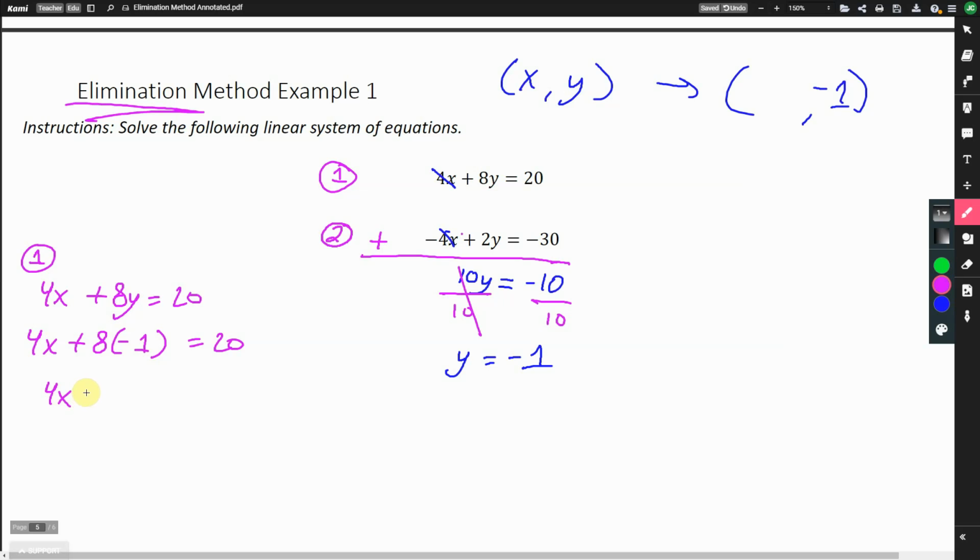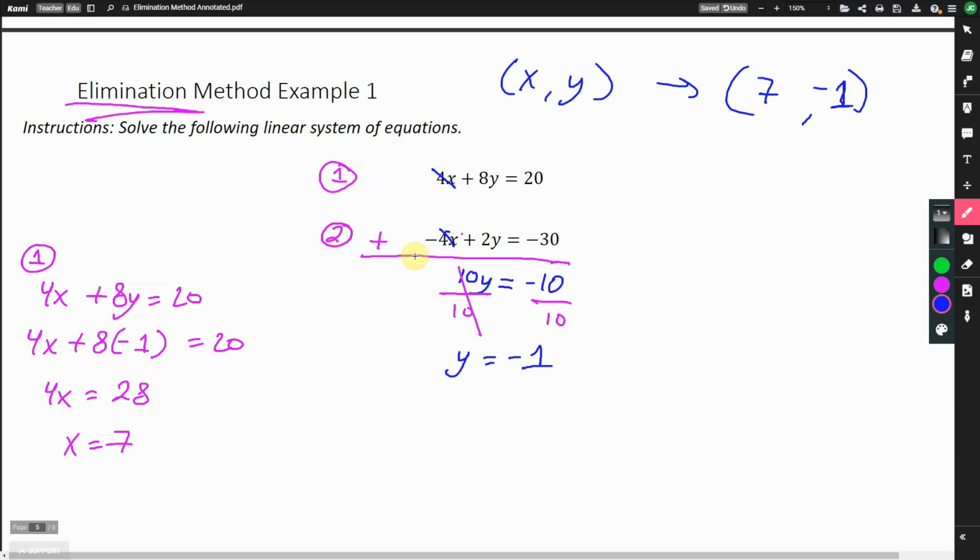I apologize if you don't understand what's going on. But x equals 7. So then your answer would be 7, negative 1. Okay? All we had to do was look for a variable that had the same but opposite numbers. I'm going to do one more example, but this is the whole process pretty much.